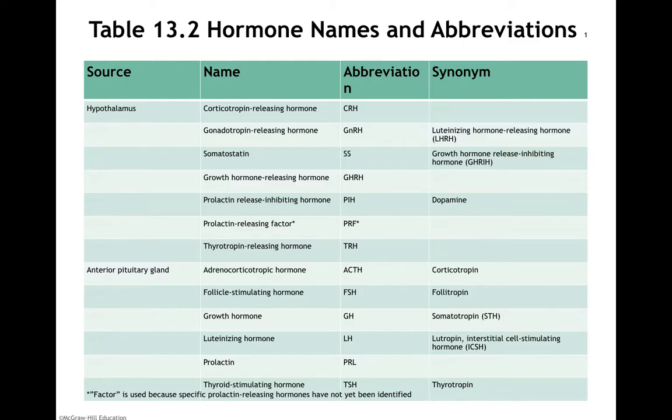So the hypothalamus has corticotropin releasing hormone, gonadotropin releasing hormone, somatostatin, growth hormone releasing hormone, prolactin release inhibiting hormone. The anterior pituitary has adrenocorticotropic hormone, which we will often call ACTH, growth hormone, prolactin, and thyroid stimulating hormone.